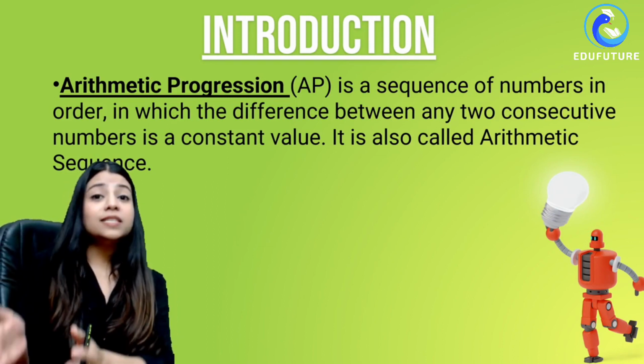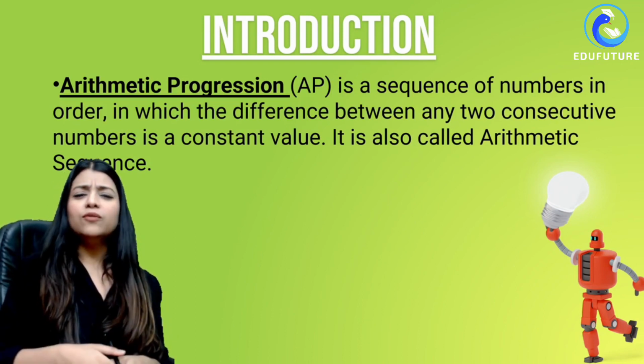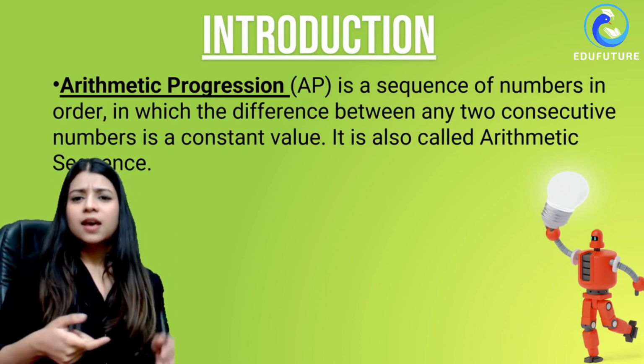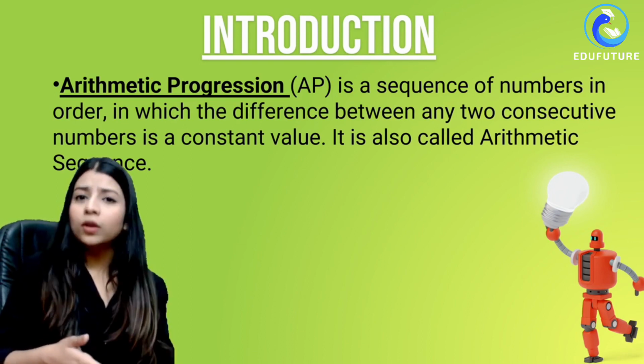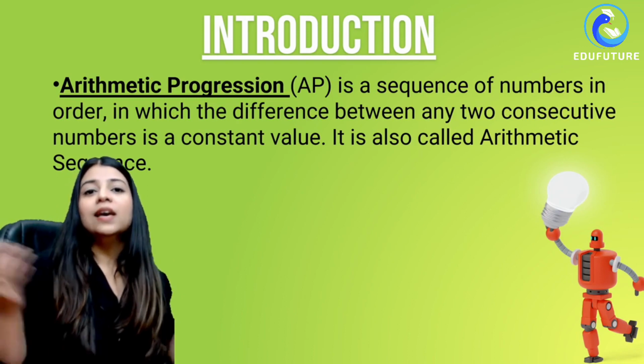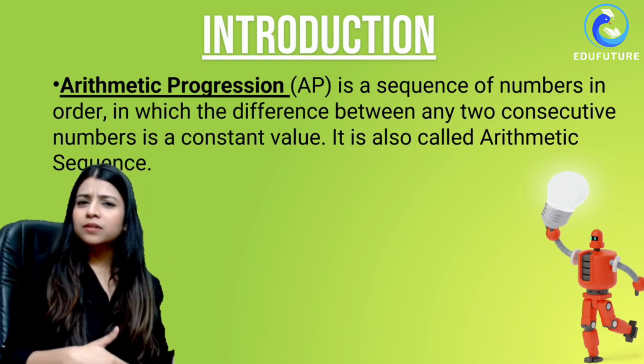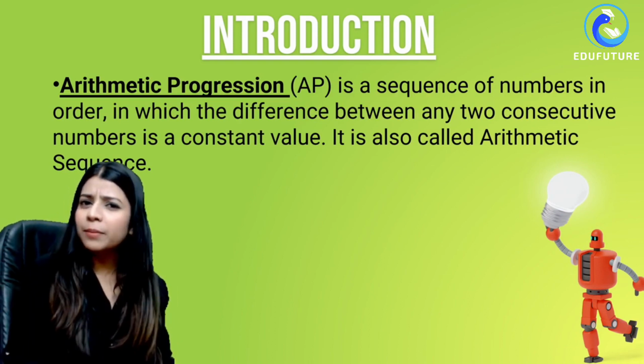The branch of maths in which we deal with numbers is known as arithmetic. And what does progression mean? The word progress means growth, to increase something sequentially. So here progression means the growth of numbers, basically a sequence of numbers.